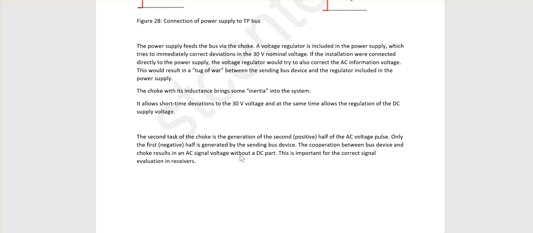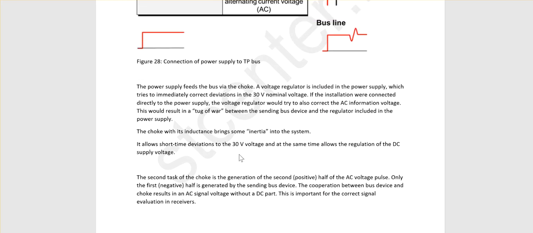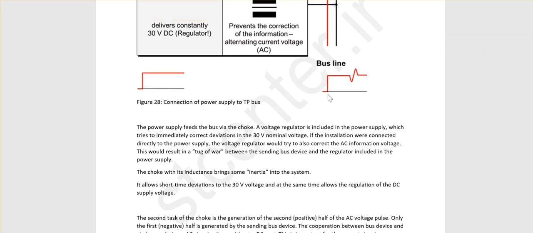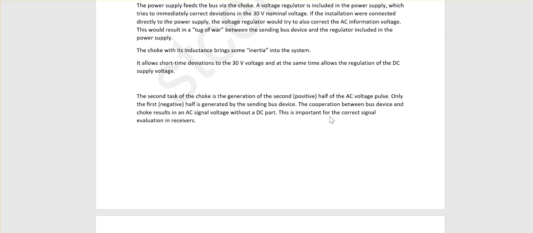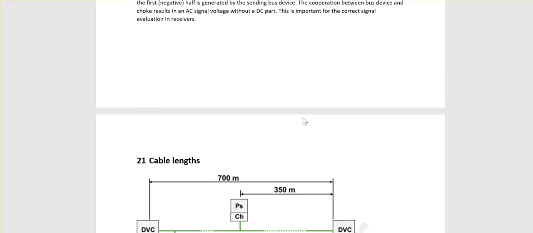So you cannot put the device far from the power supply unit plus choke because you will lose the data, because the negative part is produced in the bus coupling unit of each device and the positive part is generated by the power supply unit. And this is important for the correct signal evaluation in the receiver.